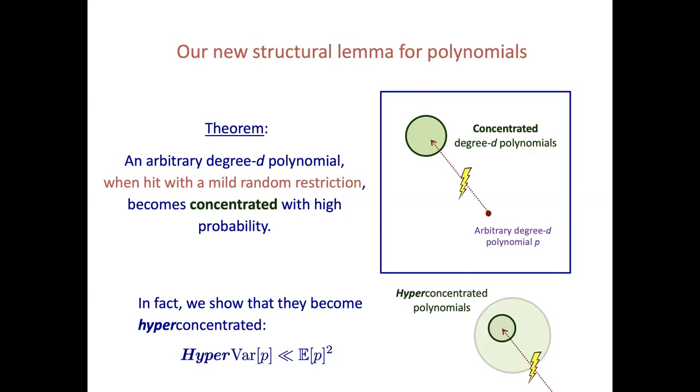Roughly speaking, it says that the hypervariance of P is a small fraction of its expectation, where hypervariance is a quantity that can be exponentially larger than the variance of P. So this is an exponentially stronger condition than concentration. However, for the rest of this talk, it's fine to conflate hypervariance and hyperconcentration with variance and concentration.